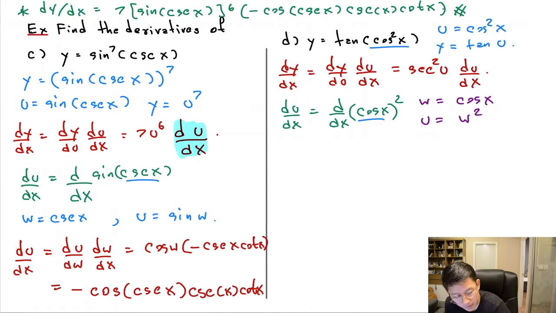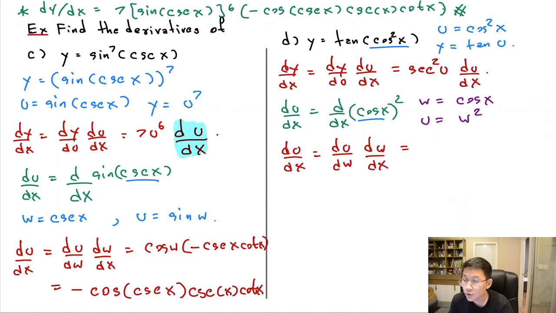So du by dx is du by dw and dw by dx. So du by dw would be 2w, isn't it? Because u is w squared. So du by dw is 2w.